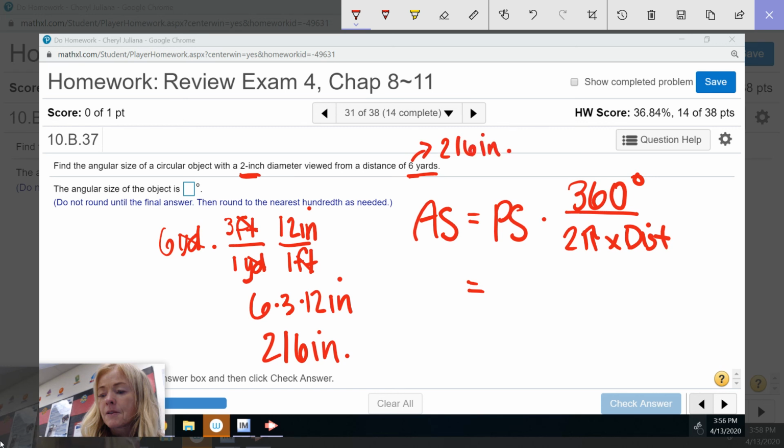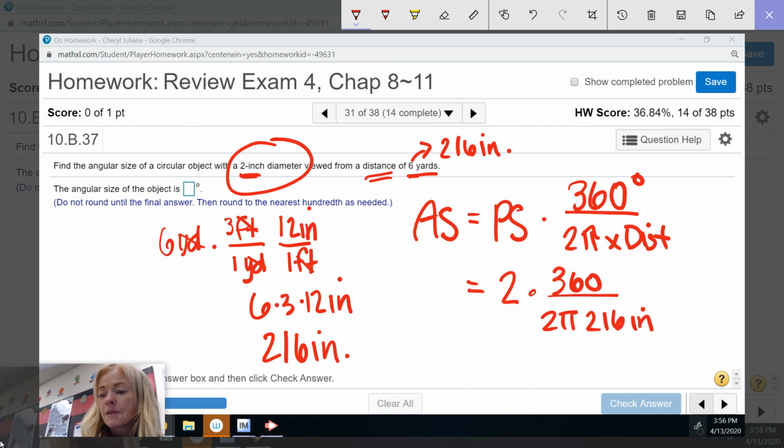Okay, so our physical size is our 2-inch diameter, times 360 divided by 2 pi times our distance, which is 216 inches. Now the inches divide out, and we're left in degrees. So it's 2 times 360 is 720 degrees over 2 pi times 216. I'm just going to use my calculator. We've done this over and over again.